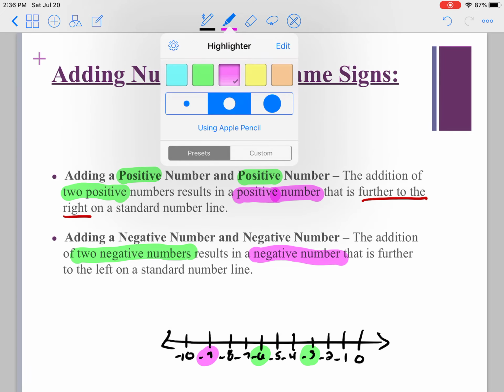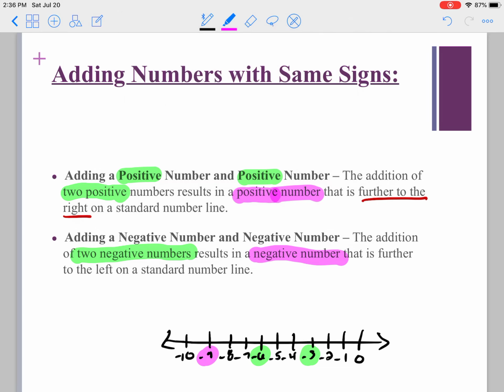And which direction did we move? Which direction is that -9 in relation to that -6 and -3? Well, it is further to the left. The result is further to the left on the standard number line, because as we move to the left, the numbers decrease in value.